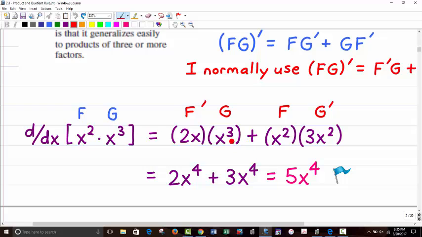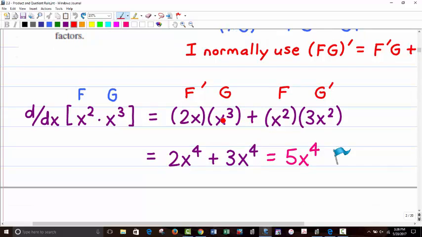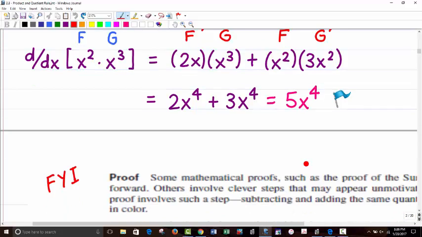It's just g here, not g prime. So it's f prime and then g as is, plus f as is, which is x squared, times the derivative of g, which is 3x squared. So 2x times x cubed would be 2x to the fourth. X squared times 3x squared is 3x to the fourth. Add those together, 5x to the fourth, and that's definitely the answer we got before, so that's the correct answer for that derivative. I say that's not the proof.